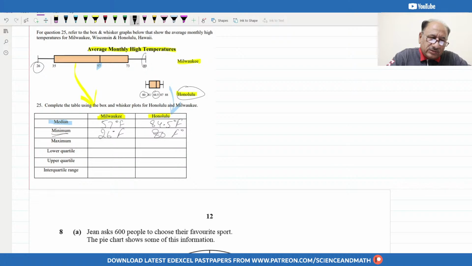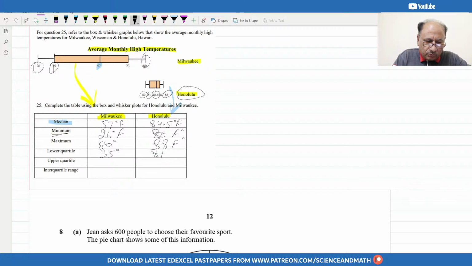Maximum value is this one, which is 80 for this one and 88 for the other, so we can write 88 degree Fahrenheit. Now the lower quartile is this one, which is 35 in this case, and the lower quartile is 81 in the other case.